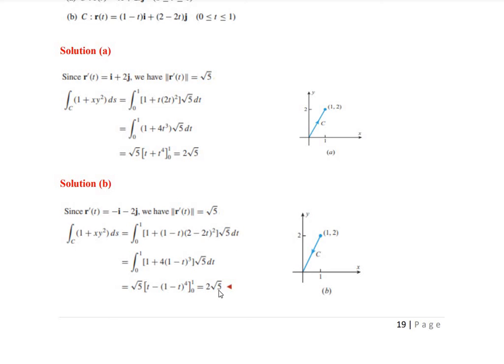So you will get the answer as 2 into root 5. So in both cases, whatever the path, you will get the integral as 2 root 5.